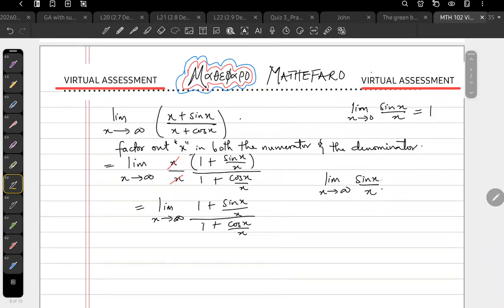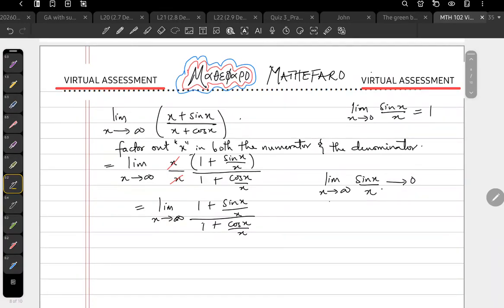So sine x is something that is usually between -1 and 1. But x, which is the denominator, is something that, as x goes to infinity, is blowing up. And anytime you have a case like that, when the denominator is blowing up, it means that the whole fraction is going to go to 0.